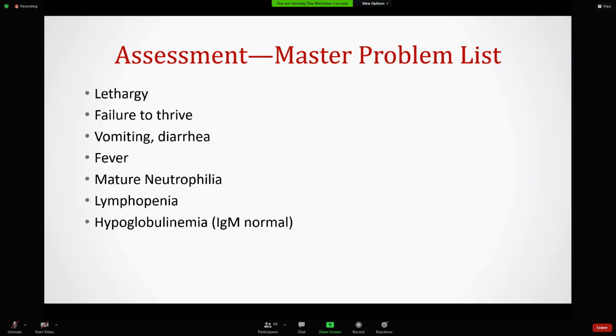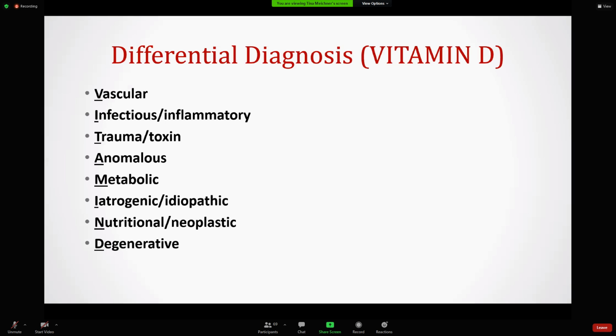Okay, so let's go back again to our differential diagnosis list, or our vitamin D rule out list. Do you think this puppy may have a vascular disease, like a stroke or any vascular abnormality? Likely not, right? Do you think this could be something infectious or inflammatory?